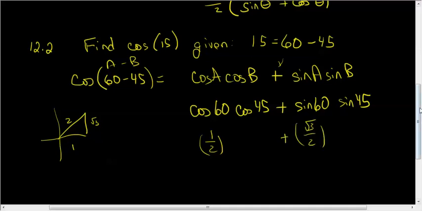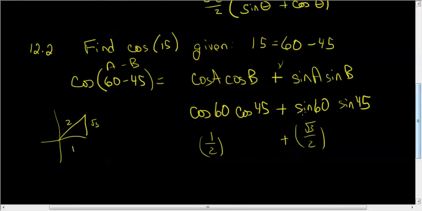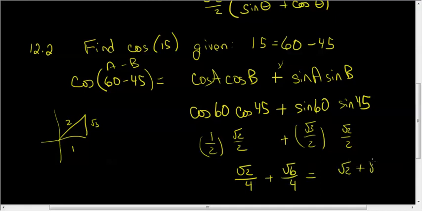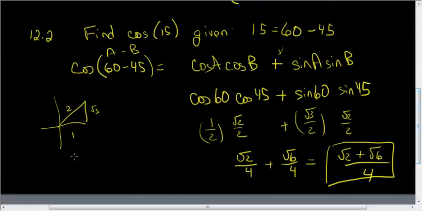And from up above, we know the cosine of 45 is square root of 2 over 2. The sine of 45 is square root of 2 over 2. So this becomes square root of 2 over 4 plus square root of 6 over 4. So we'll find a common denominator. Square root of 2 plus square root of 6, all over 4. All right, so that's using a couple of our trig identities.